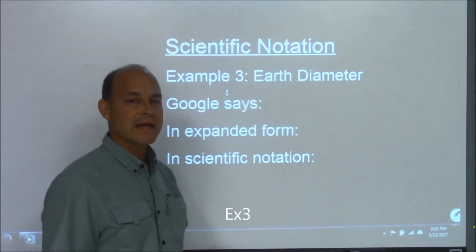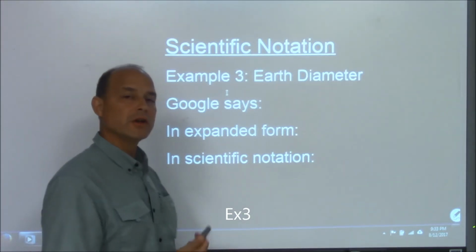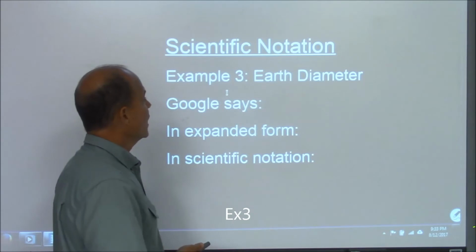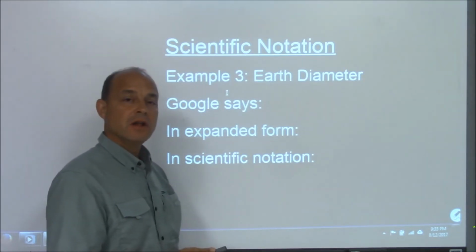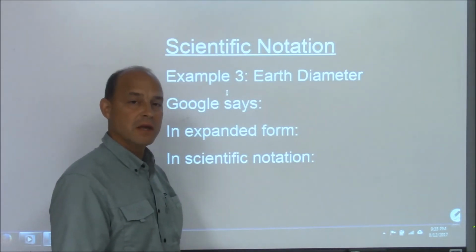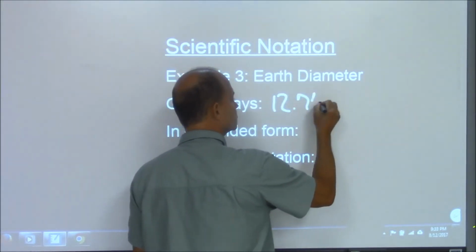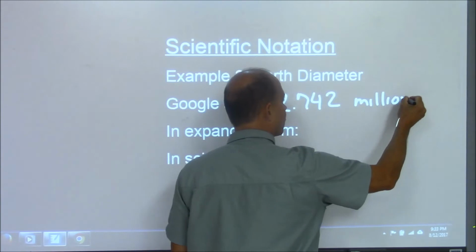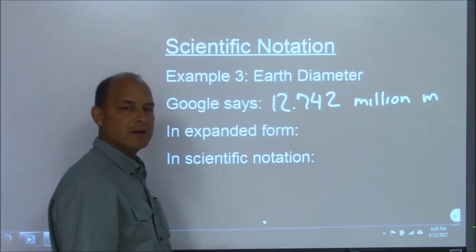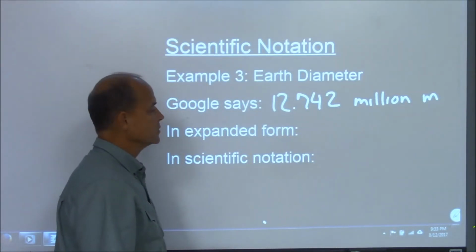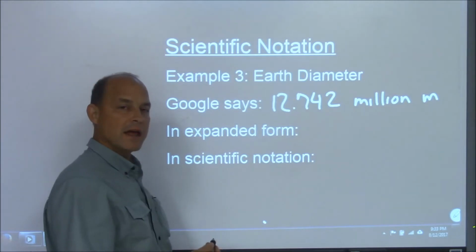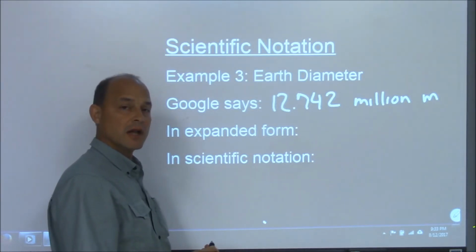This will be my last example, and I want to do it a little bit differently. If you were to Google the diameter of the Earth in meters, Google would say that the Earth is 12.742 million meters. If I write that in scientific notation, it would look like this.